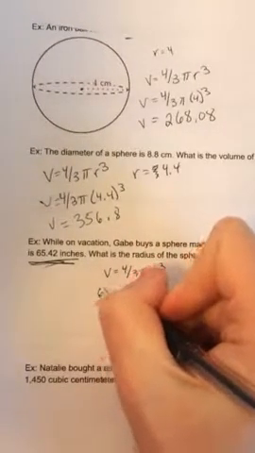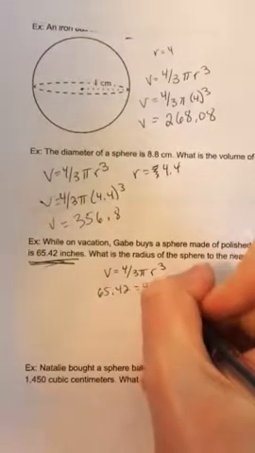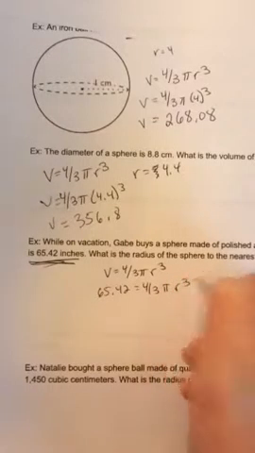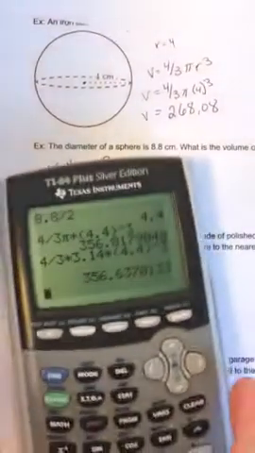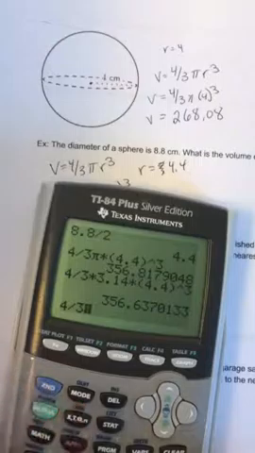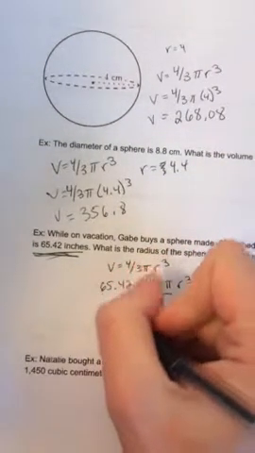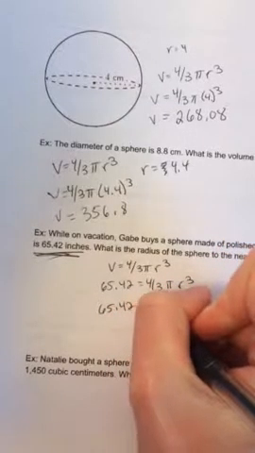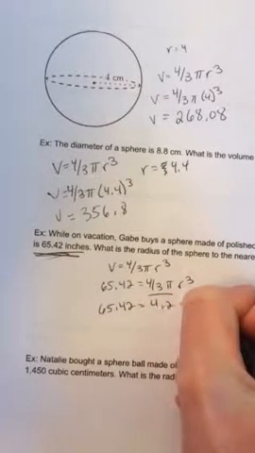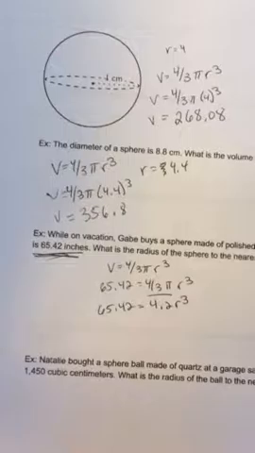So volume is 65.42 equals 4/3 pi r cubed. Now I'm going to find out what 4/3 pi is. 4 divided by 3 times pi. We're going to say 4.2. So I'm going to have 65.42 equals 4.2 r cubed.